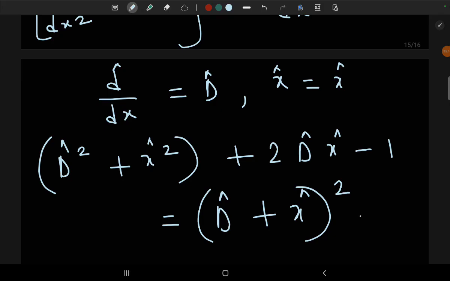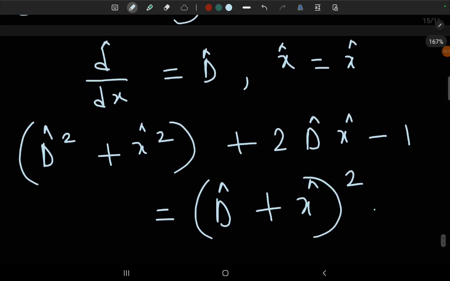So this is how operator algebra turns out. You have to consider and calculate and do everything that you can do mathematically. Every mathematical manipulation is possible, and this is how sometimes things may turn out, right?